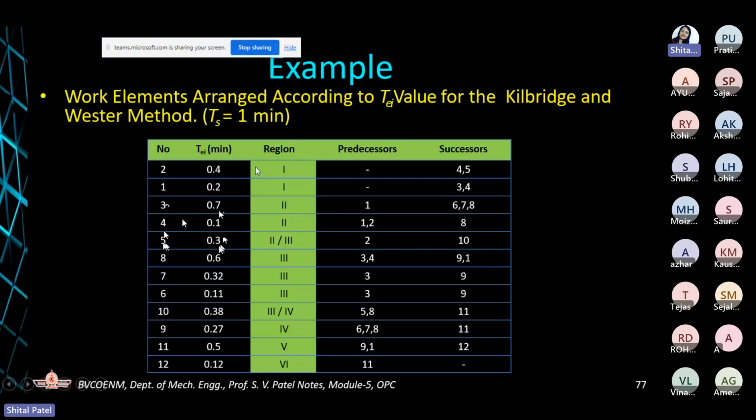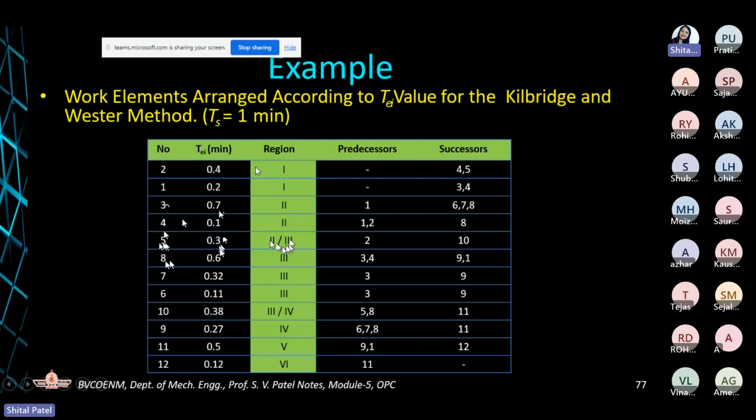Why? Because we don't know where to allocate this, whether it is in region number 2 or number 3. So that is why we have shared it. If you can see this region column, the fifth activity has been shared either in 2 or the 3. So that is why it is mentioned below the 4. Okay, now proceeding to the third region, we have elements 8, 7, and 6.